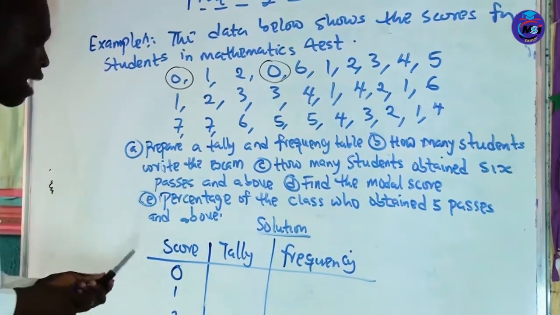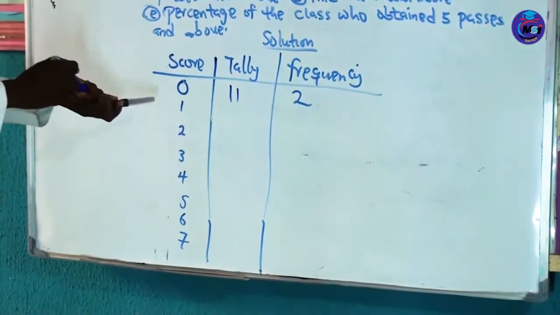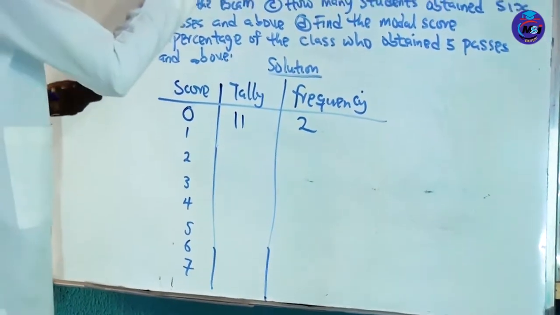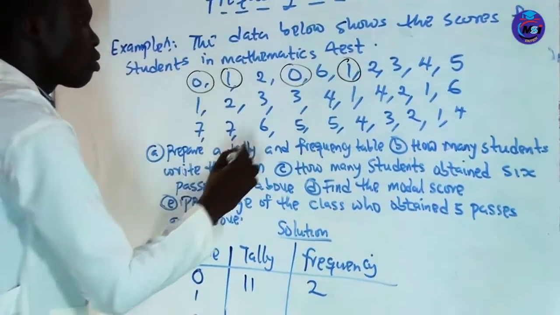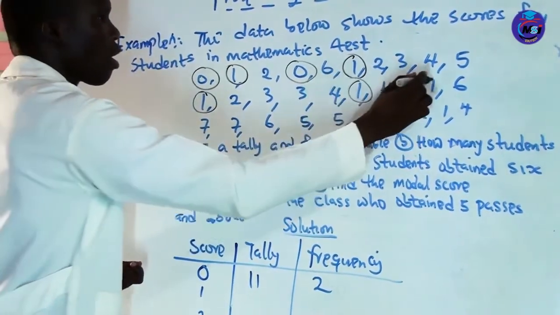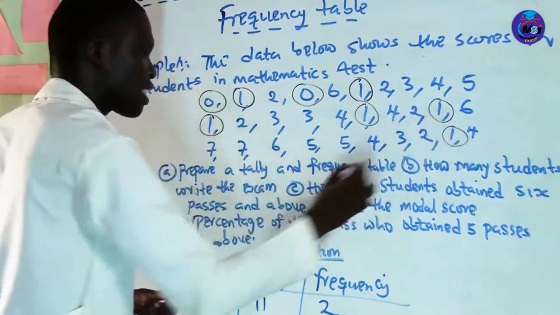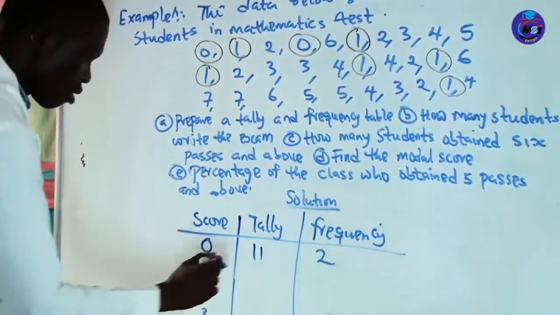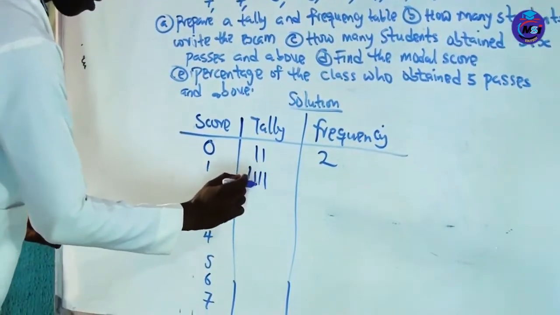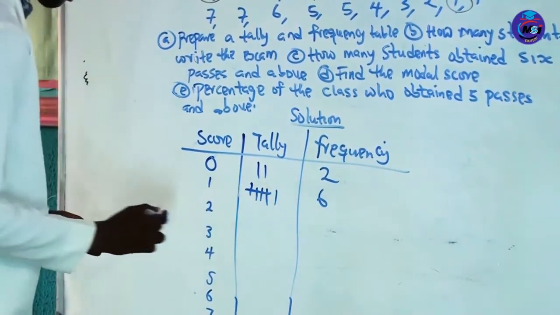We only have 2 times. You write it. What of 1? 1, 2, 3, 4, 5, 6. So 1, 2, 3, 4, the 5th one you cross it, then the 6th you write 6.